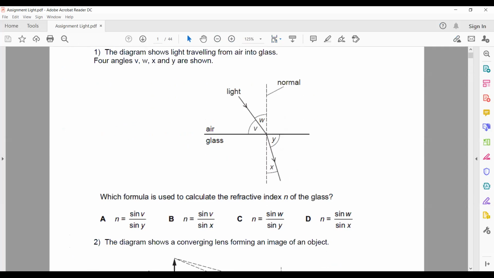The diagram shows light travelling from air to glass. Four angles are given. Which formula can be used to calculate the refractive index?